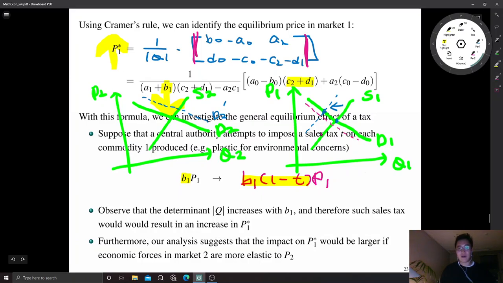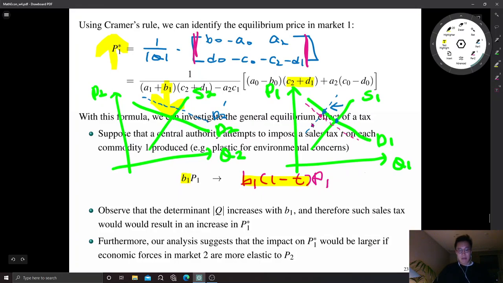Okay, so the new equilibrium price will be formed at this point. Comparing with the previous equilibrium, we can still expect a large increase in the price of good 1. That is the case when the price elasticity of demand and supply is really high in market 2.